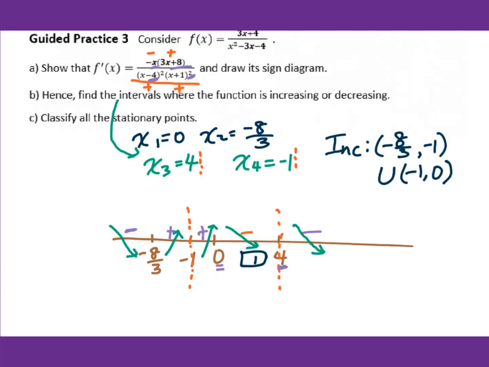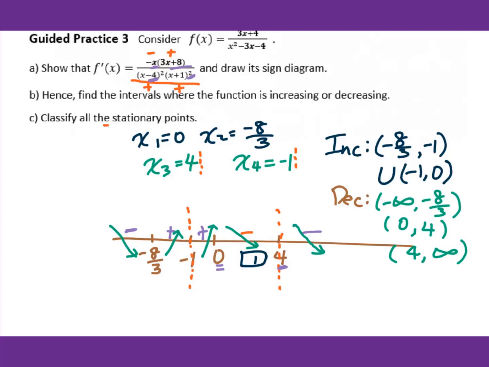For decreasing intervals, it will be from negative infinity to negative 8 over 3, from 0 to 4, from 4 to infinity.